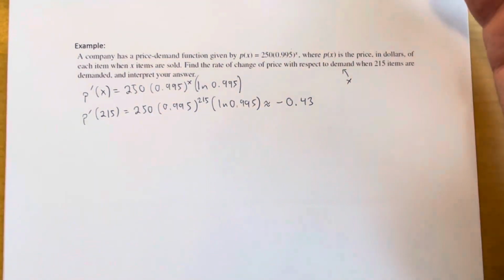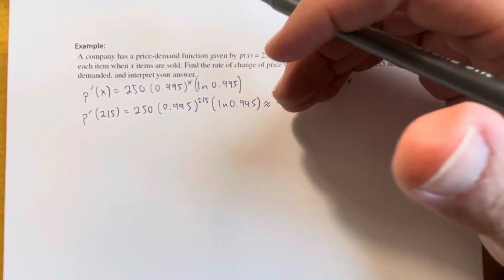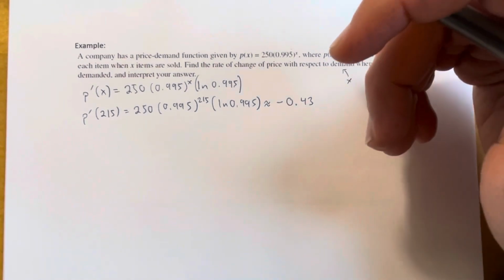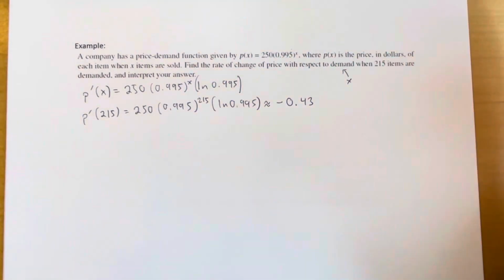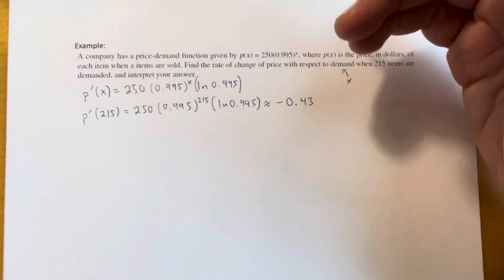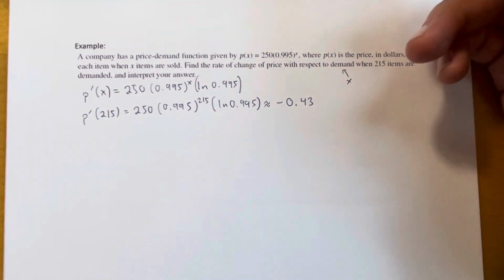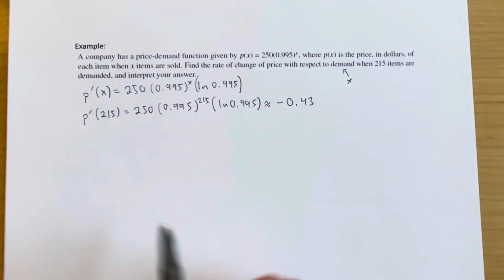Okay? Now, how do we interpret this? Well, it's a rate of change, first of all, in our price, and it's negative. So what that indicates is that we're seeing a decrease in our price, specifically because that's what the negative is showing us. And the decrease is specifically 43 cents per item sold. So it asks us here to interpret our answer.